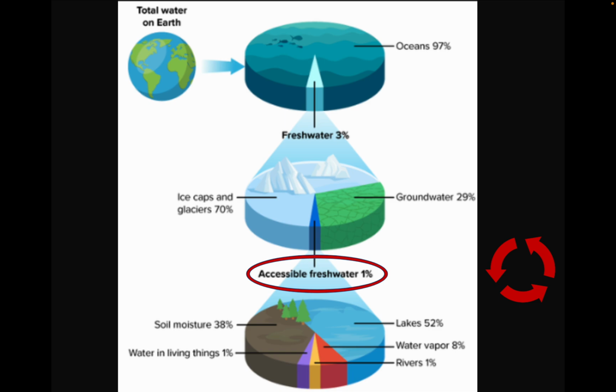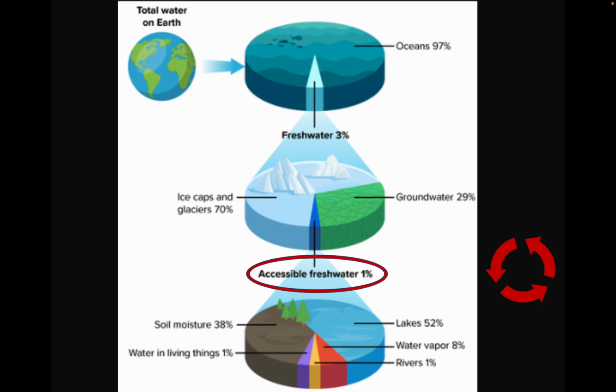97% of that water that's on the surface is the ocean. 97%. That's so much. And only 3% is fresh water. And of that 3%, the ice caps and glaciers make up 70% of that. And groundwater, which is like aquifers, water that seeps below ground and kind of is being held in underwater reservoirs, that's 29%.